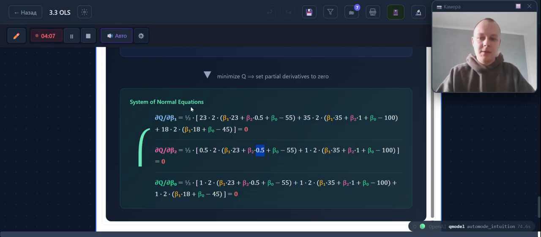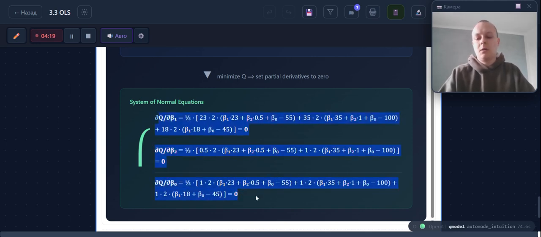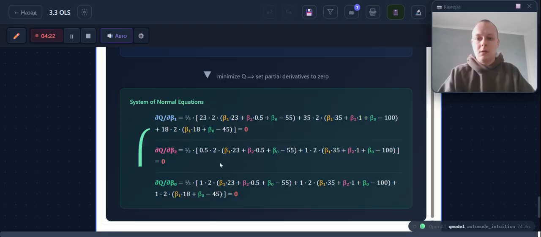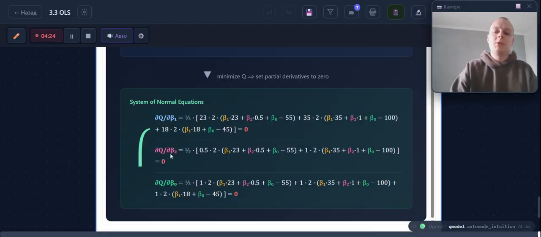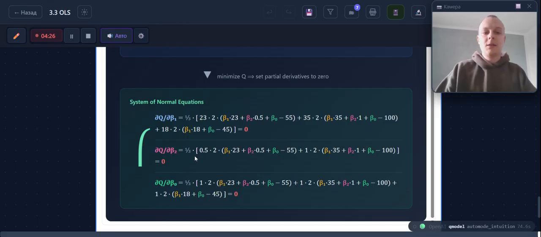So like this, we can build a system of equations, and by solving this system of equations, we are trying to find such beta 0, 1, and 2 coefficients that will make our derivative function equal to 0.